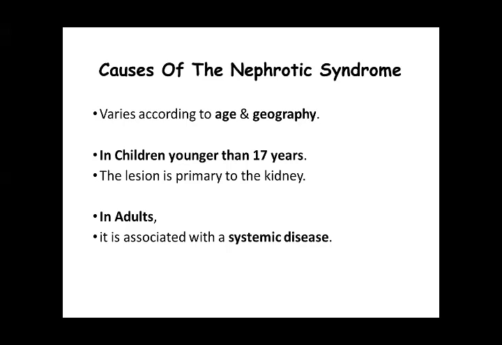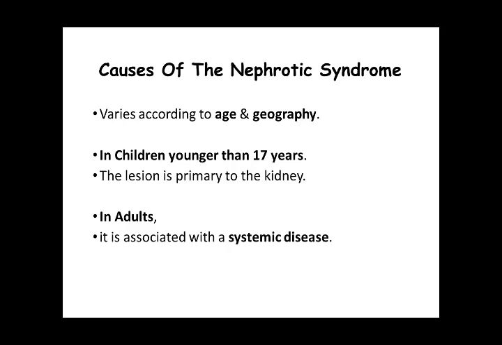Or in adults, it could be the result of some systemic disease. The most common systemic diseases causing glomerular damage are diabetes mellitus, hypertension, and SLE, systemic lupus erythematosus.